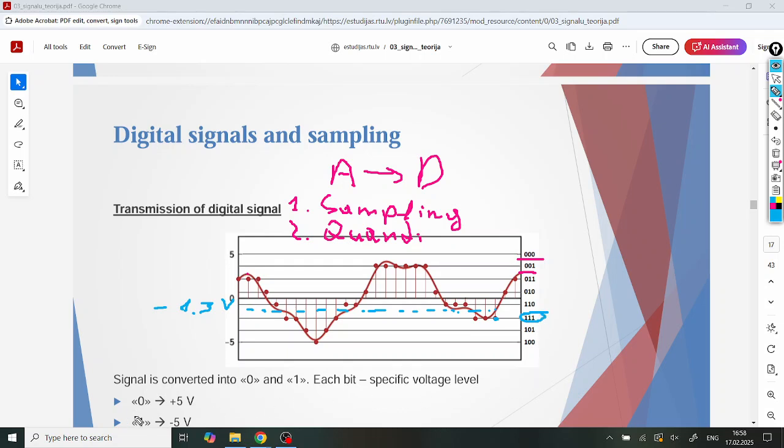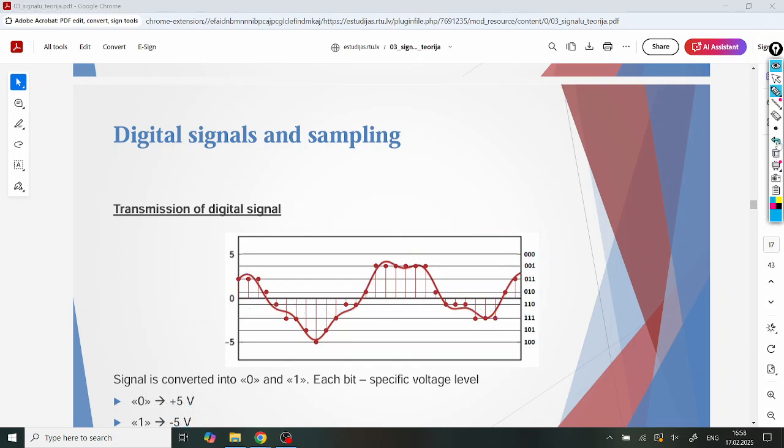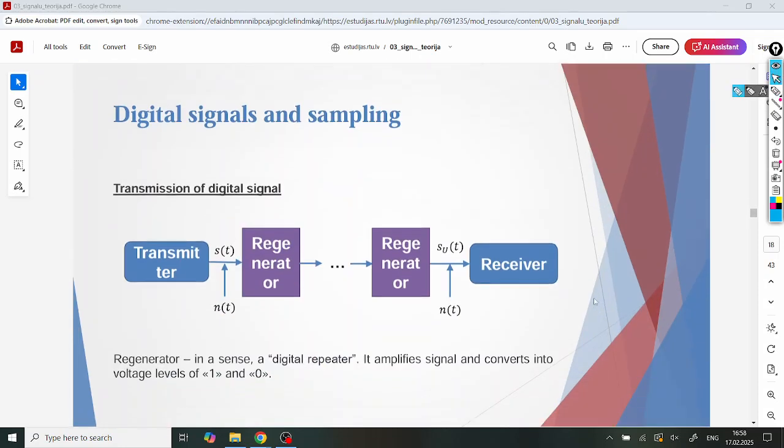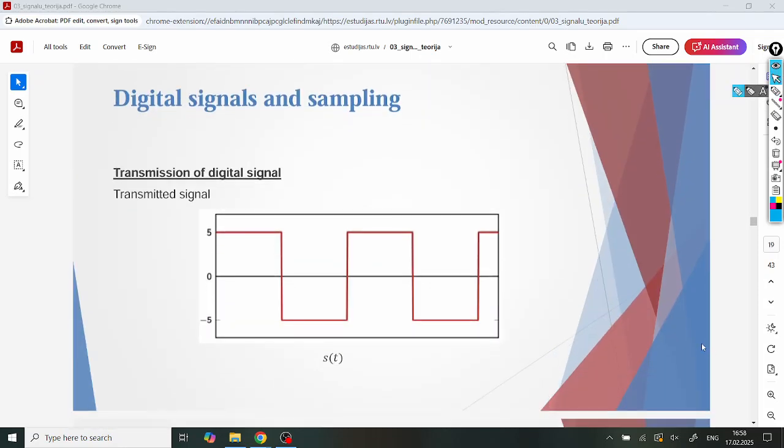And for each of these symbols, ones and zeros, you assign voltage levels like 5 volts and minus 5 volts, for example. Meaning that all of these samples are going to be converted into rectangular shaped pulses, like so.